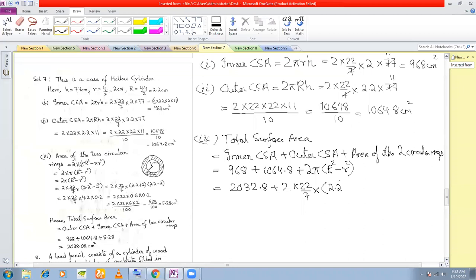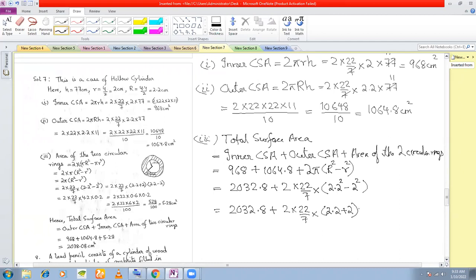Capital R was 2.2 and small r was 2, right? So this is 2032.8 plus 2 into 22 by 7 into, now you can calculate this as it is, or better still, you can apply your a plus b into a minus b formula also.